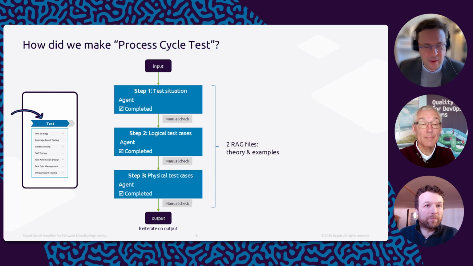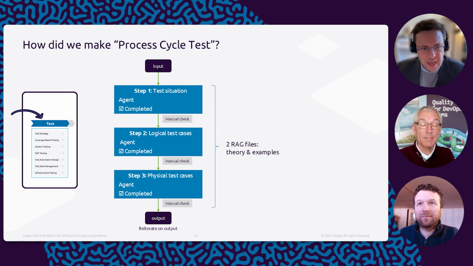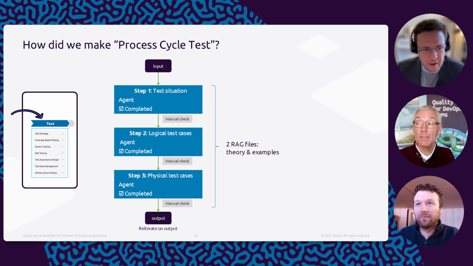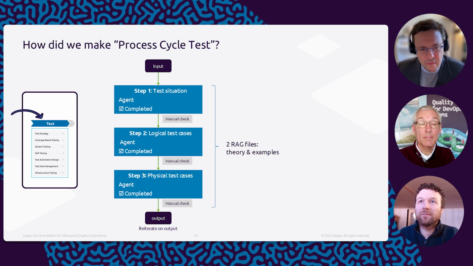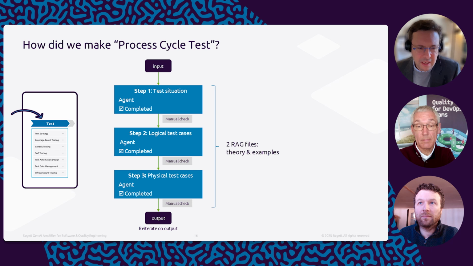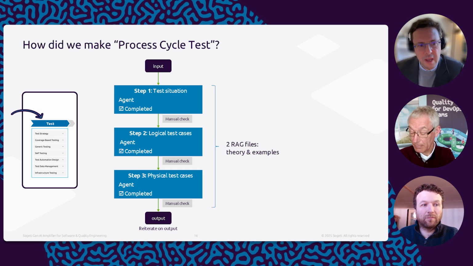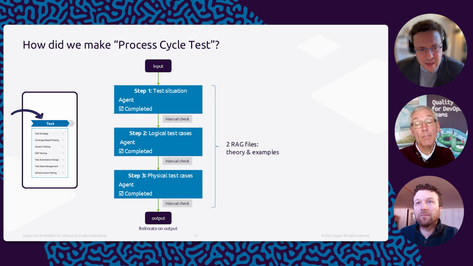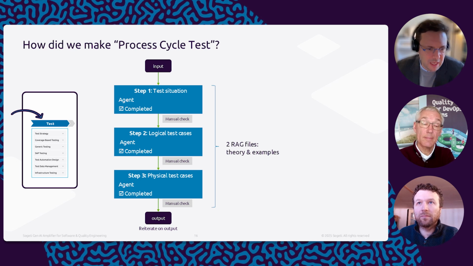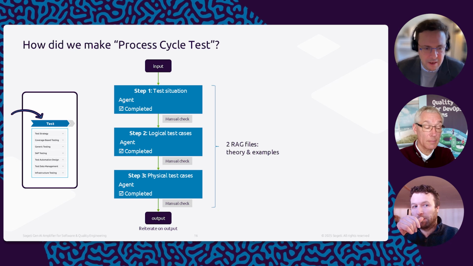All right, true as well. So as a recap, and you actually saw it on the screen, it's a sequential flow of 3 agents here. However, because process cycle test is a little bit more complicated and requires a little bit more reasoning and manual check and expert in the loop, we've actually added this step in between. So it's kind of similar here, but the input of step 1 has to be very clearly done, okay?